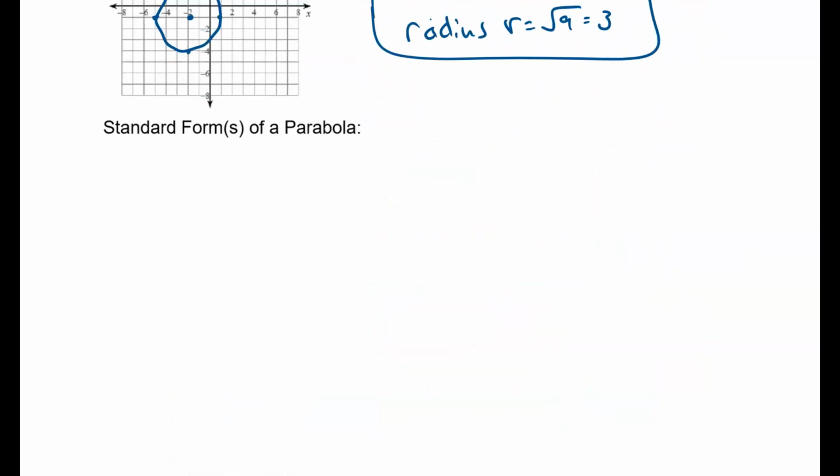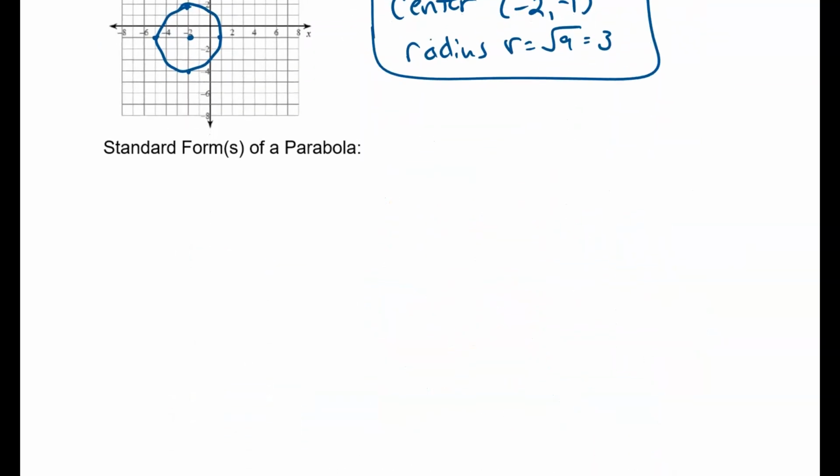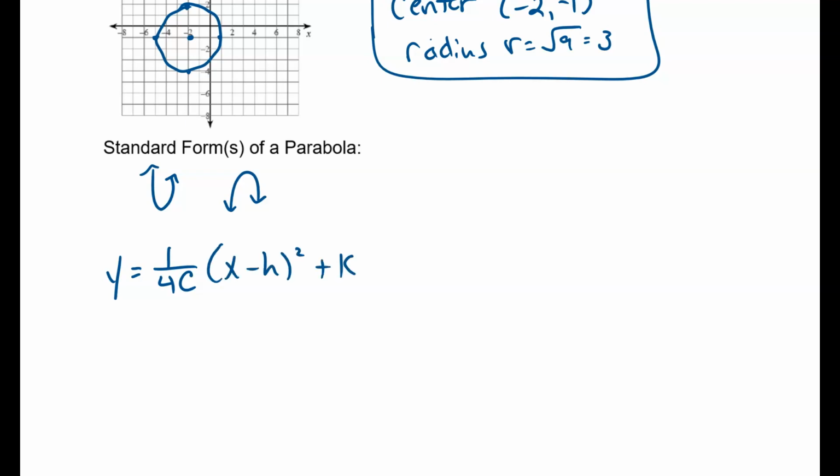Okay, now let's review the different forms of a parabola. And remember, this one was the hardest for most of you. You guys do a great job with it. But remember, we actually have 2 forms. We have the form for when the parabola opens up or opens down, and that's the following: y equals 1 over 4c times the quantity x minus h squared plus k.